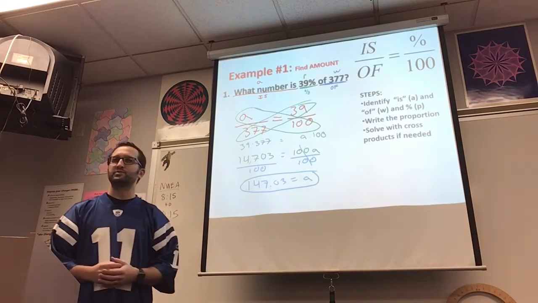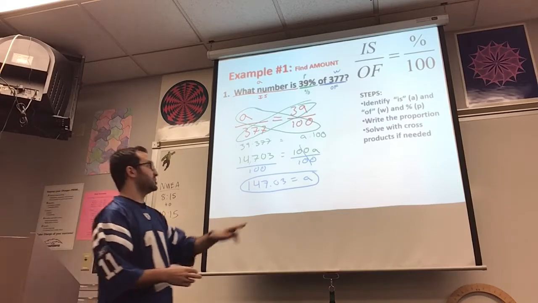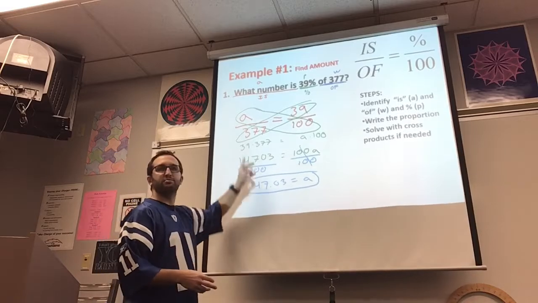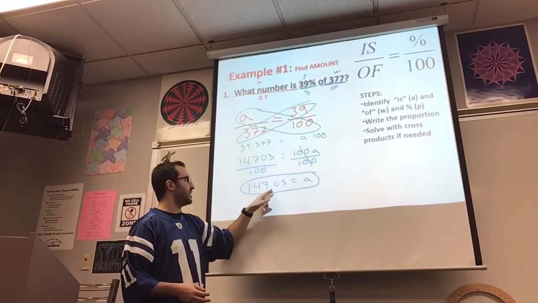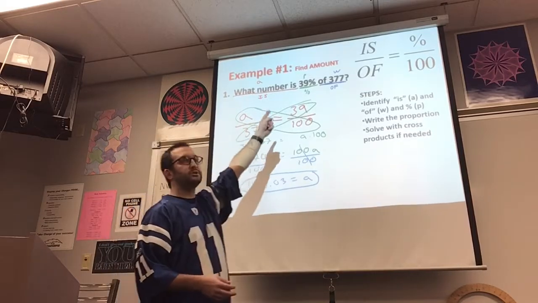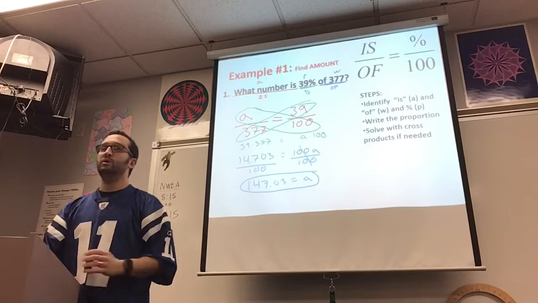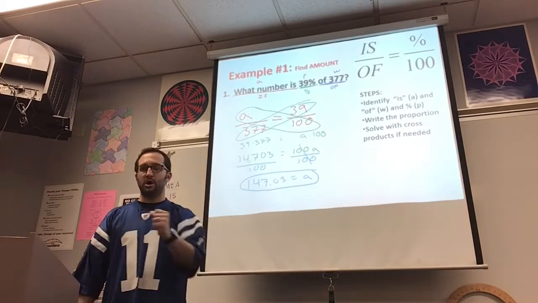Now how can we check that? How can we make sure that that's right? Yep. Do the division. What number is 39% of 377? Well, we would just plug it into the statement. 147.03 should be 39% of 377. You can check that by doing division. So, do this divided by 377.